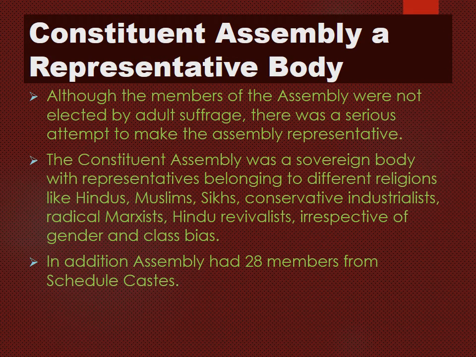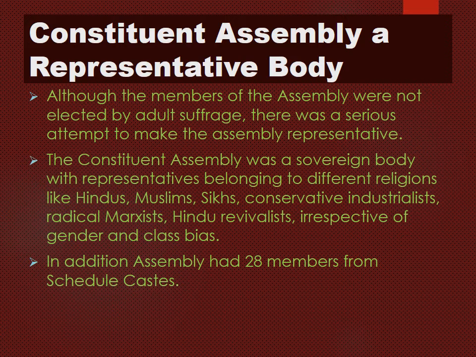How can we say that the Constituent Assembly was a representative body, although its members were not elected by adult suffrage? There was a serious attempt to make the Assembly representative. How did they do that?